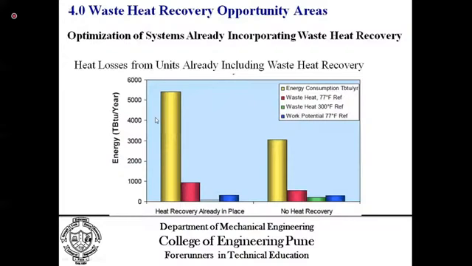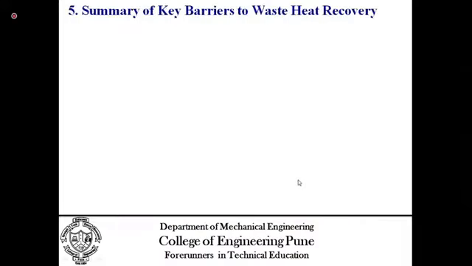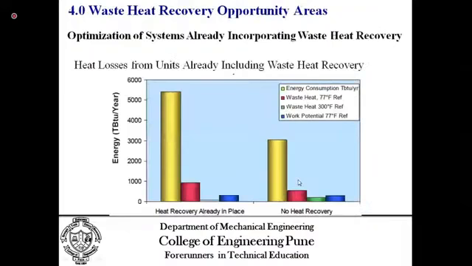So in short, there is scope even to redefine and revisit all those equipments which are already doing this recovery, because there is scope for higher work potential. Same is the case with no heat recovery. There are certain sources where there is no heat recovery, so we should go for design of equipment for such applications also.